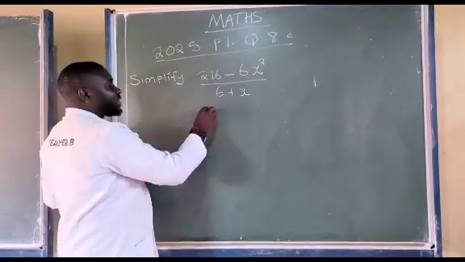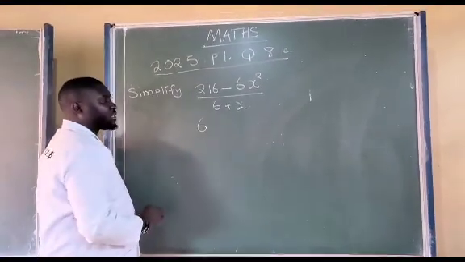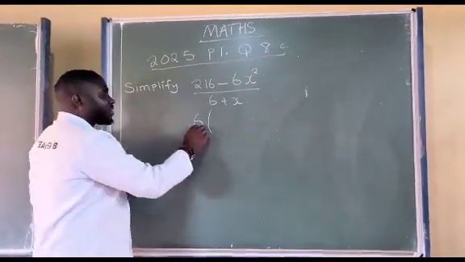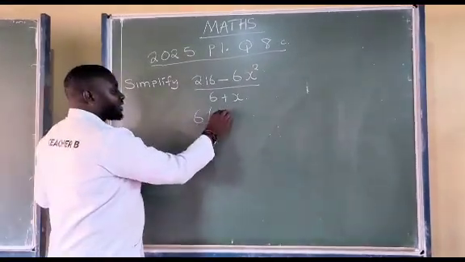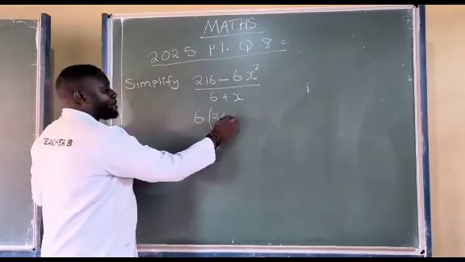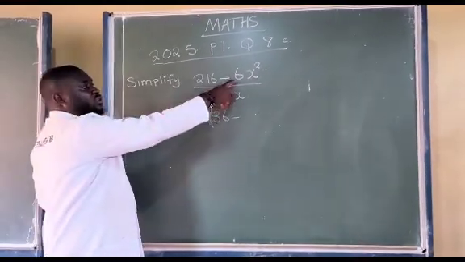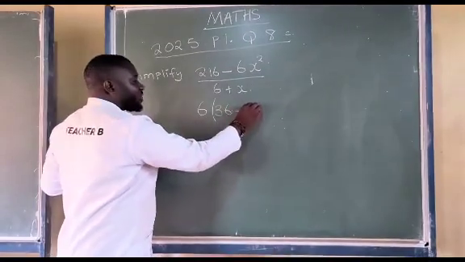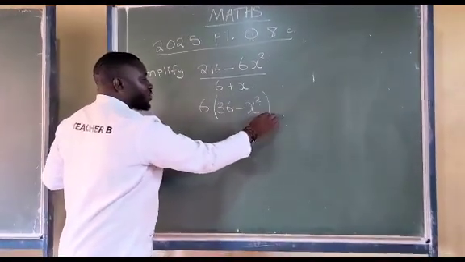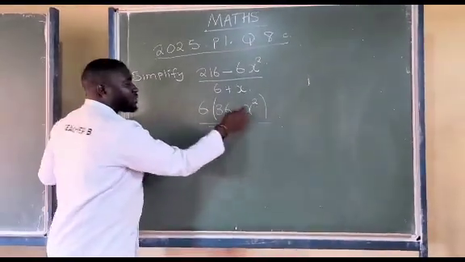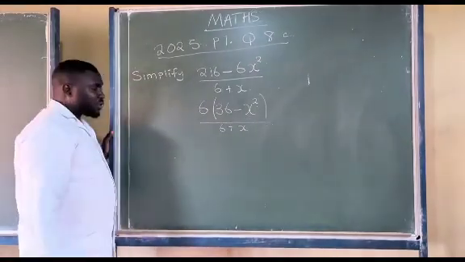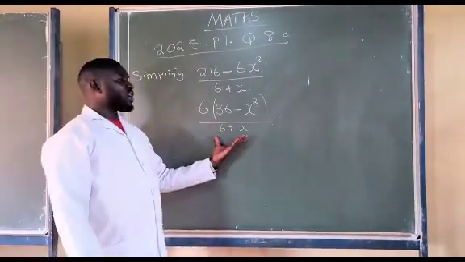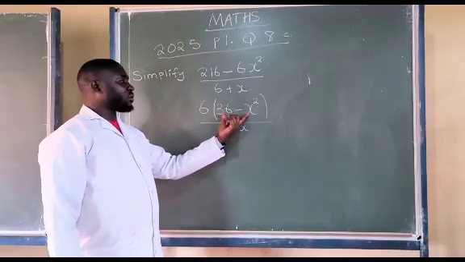So the common factor is 6. 6 into 216 goes 36, minus 6 into 6x squared gives x squared, over 6 plus x.